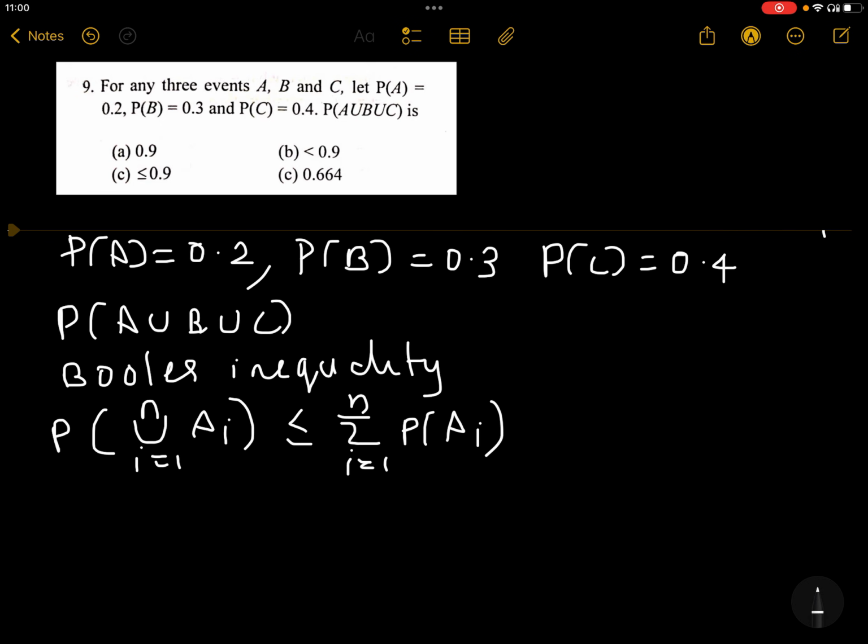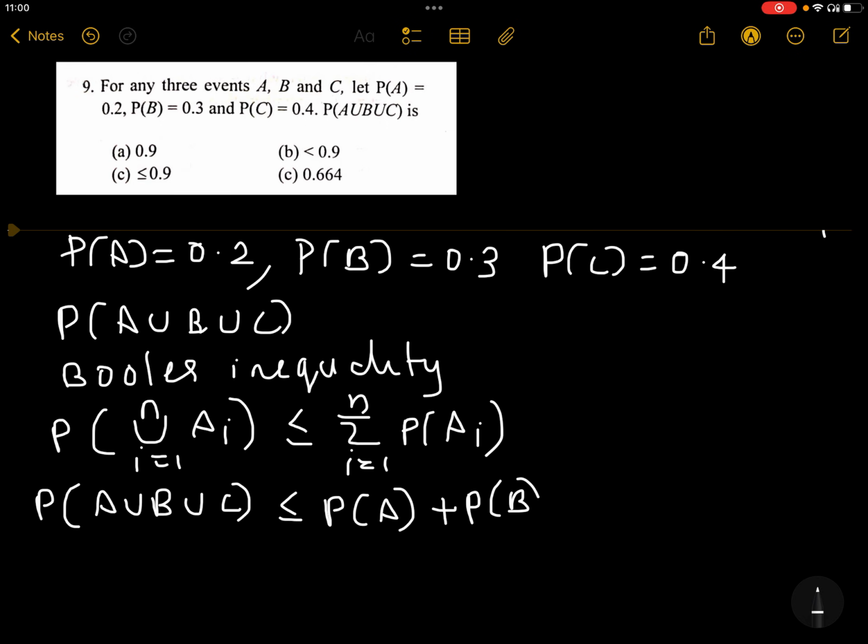Here, in this question there are three events A, B and C. We have to write the probability of A union B union C is less than or equal to P of A plus P of B plus P of C.